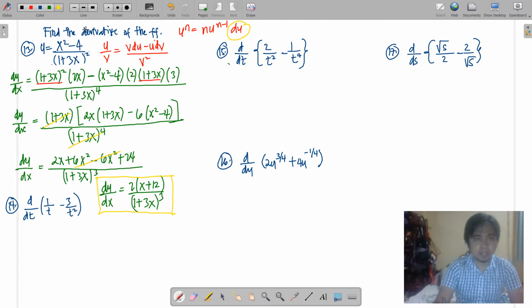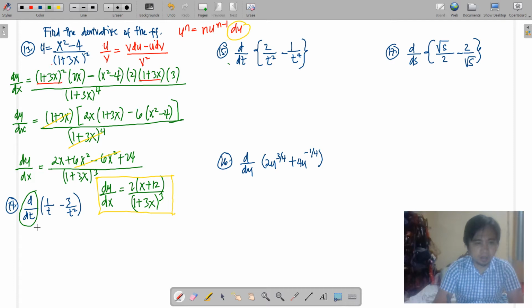Okay, so next, number 14. For number 14, we perform d over dt, so we derive this with respect to t. Everything here is in terms of t, so we just apply the quotient formula. 1 over t first, so we derive each of the terms. Okay, v du.